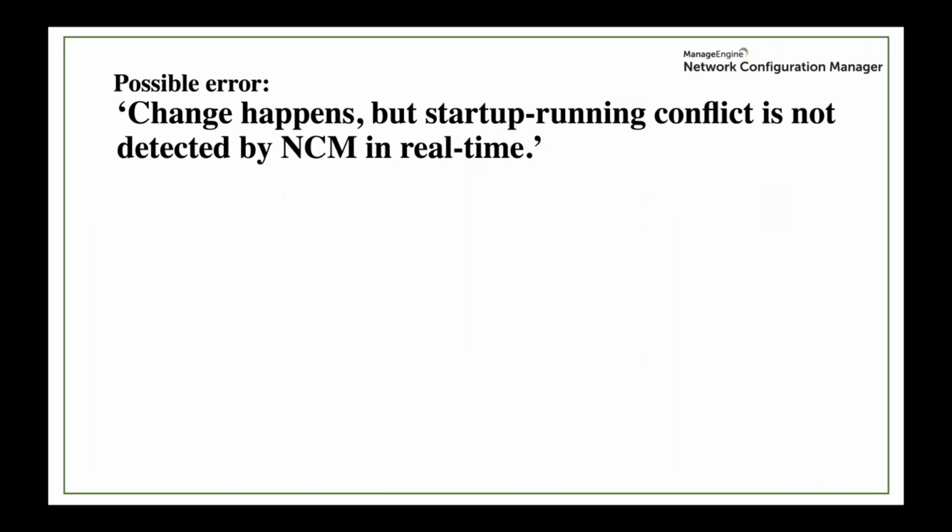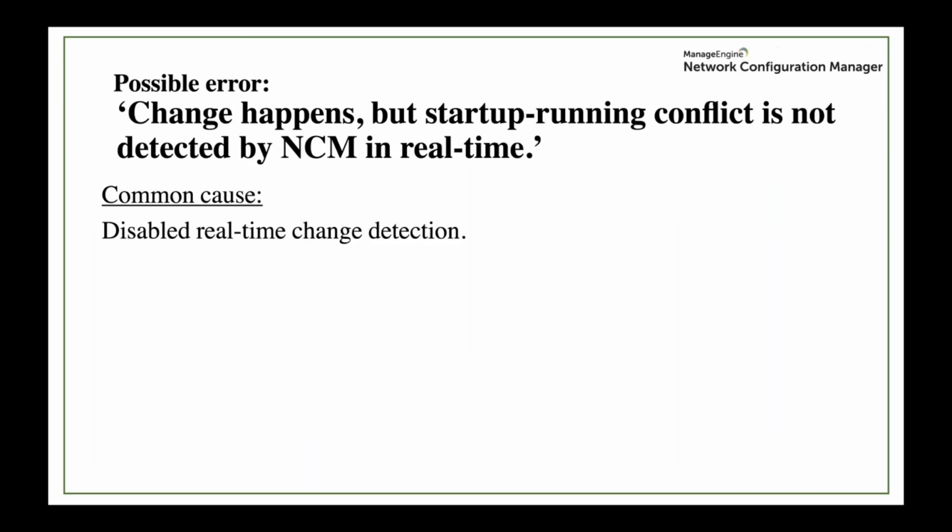Now, when you do this, the possible error is that a change happens, but NCM does not detect the conflict in real time. The cause could be that the real-time change detection is not enabled. We all know that for NCM to detect the changes in real time, the syslog-based change detection has to be enabled.